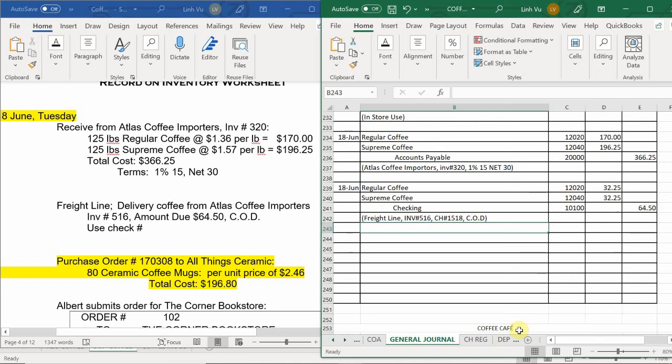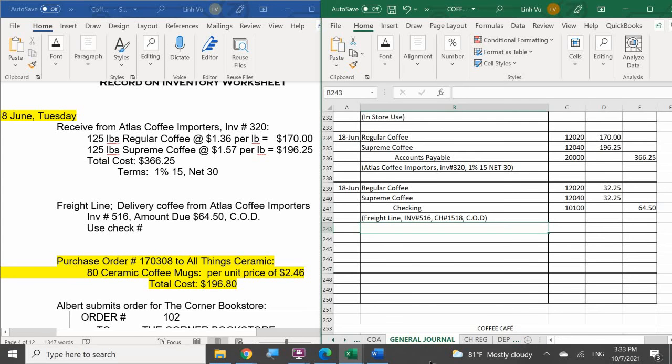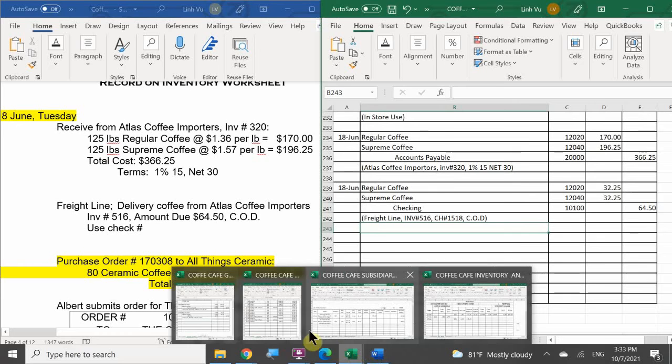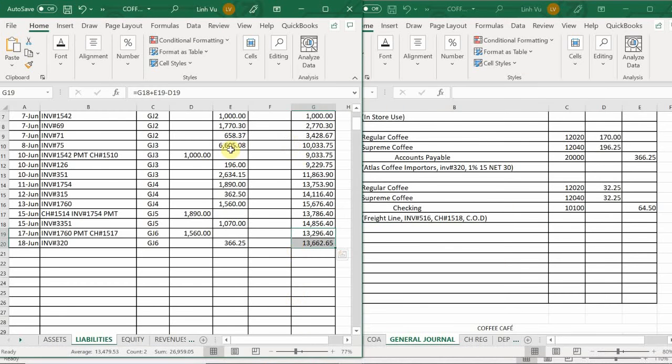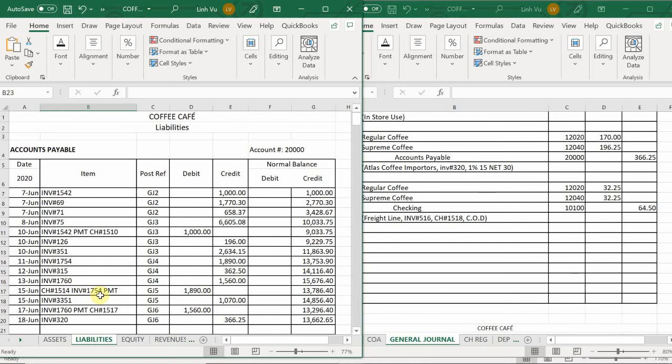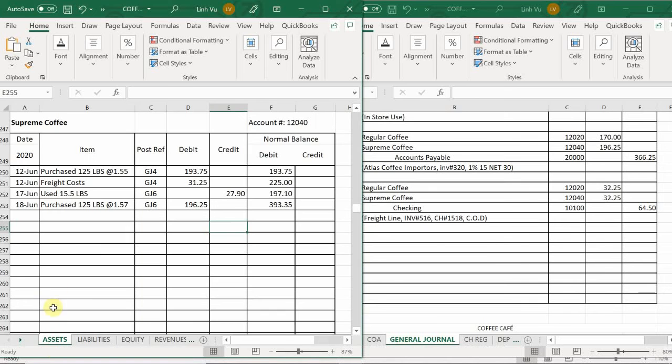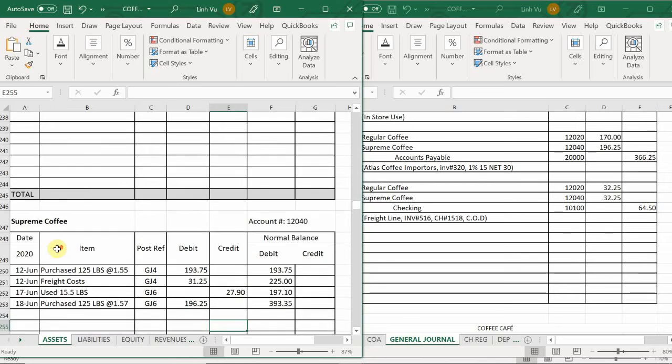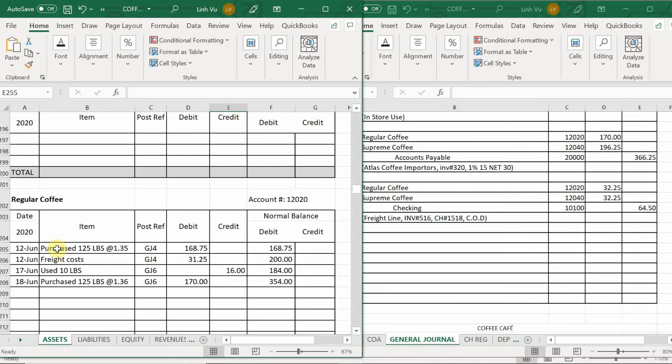So now we go into the ledger. And the regular. We didn't calculate that before, so we have to. We just added the freight separately. Correct. We're going to have to add the freight separately. So in this case, here's regular coffee, right?